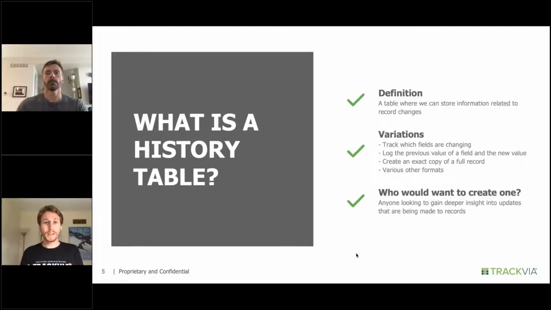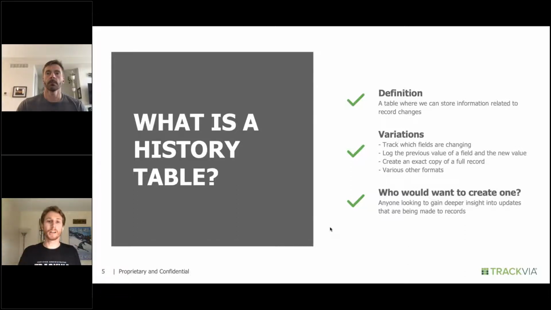Well, quite simply put, a history table is a table in TrackVia that we use to store information regarding changes that have been made to other records in other tables. Now you may be familiar with the record history that's included in the TrackVia platform, right?